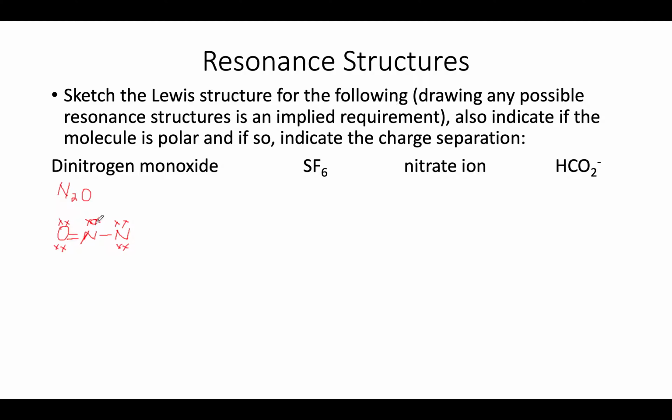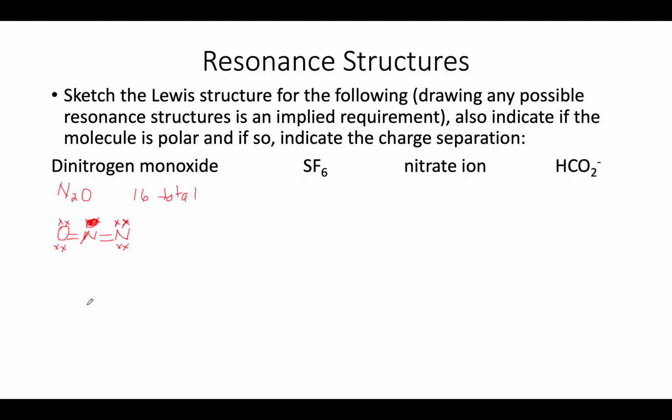Oh, man. I thought I knew what I was doing, but I didn't. I was going to just draw the correct Lewis structure, but I can't do that. 2, 4, 6, 8, 10, 12, 14, 16. We are golden.